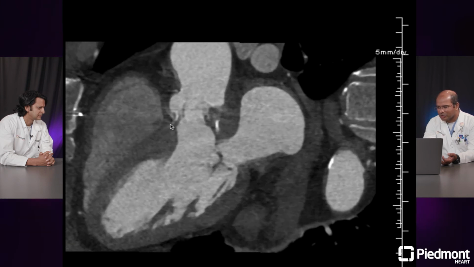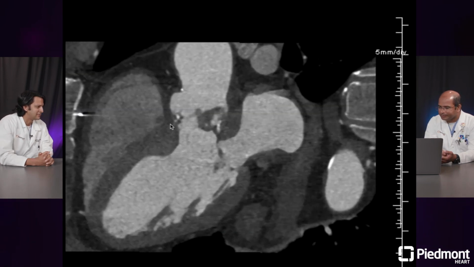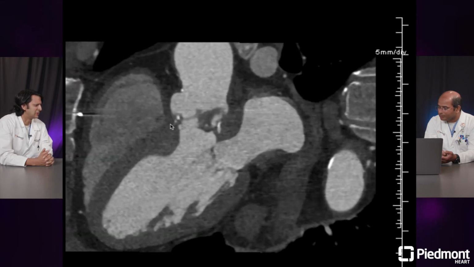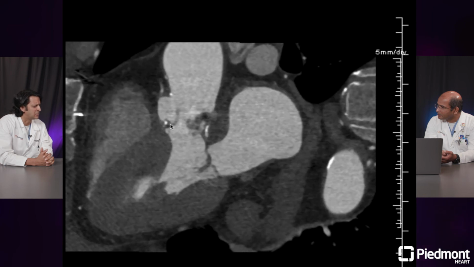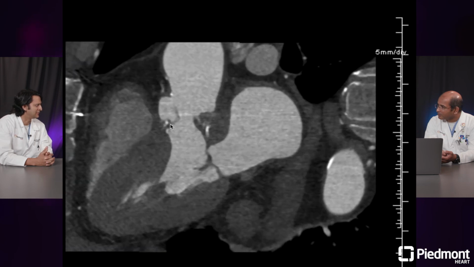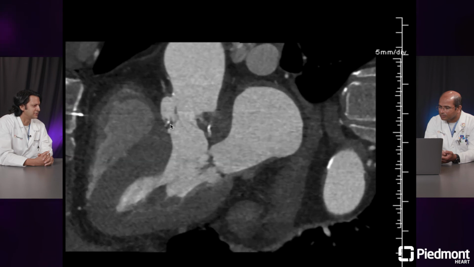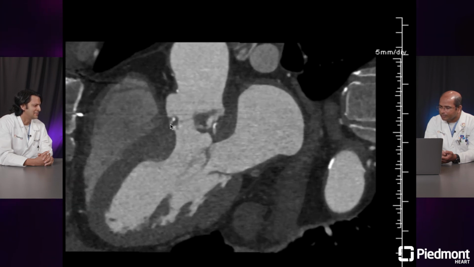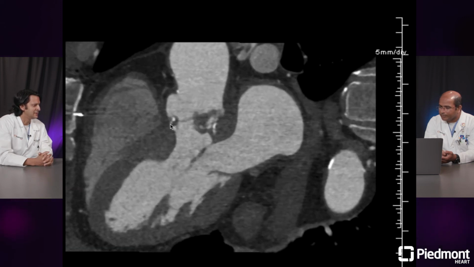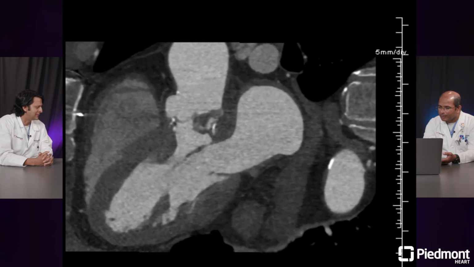So did this patient have any regurgitation on the transthoracic echo? Not any significant regurgitation on the echo, and no finding of a clear-cut thrombus or vegetation on the echo. In hindsight, when we went back and looked at the echo, there may have been something there, but the image quality wasn't that great. As you can see here, we're getting such clear images on the CT that there was a high clinical suspicion, and that's what led to an additional imaging test, but these are things that can be missed on echocardiogram, and so CT can be very complementary.